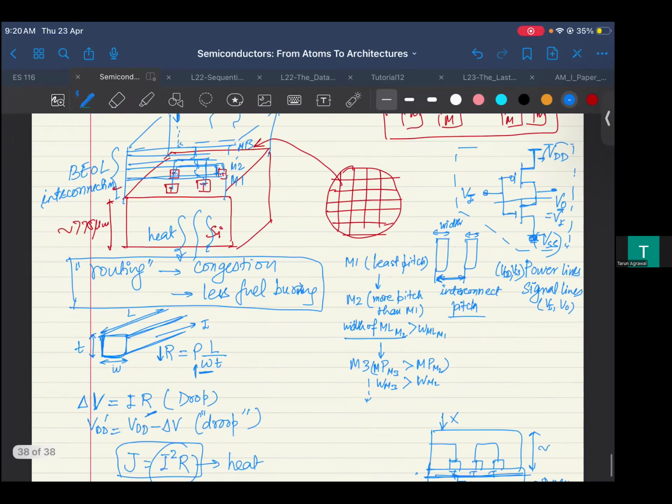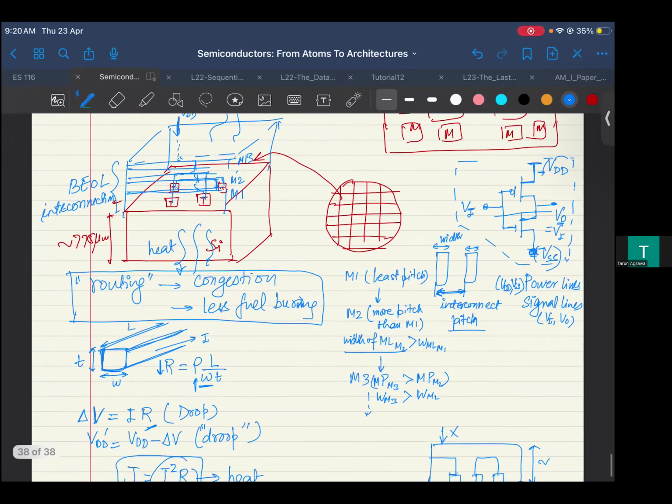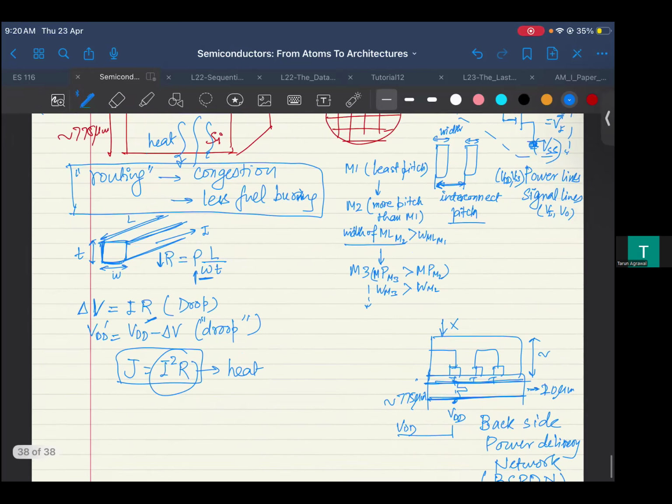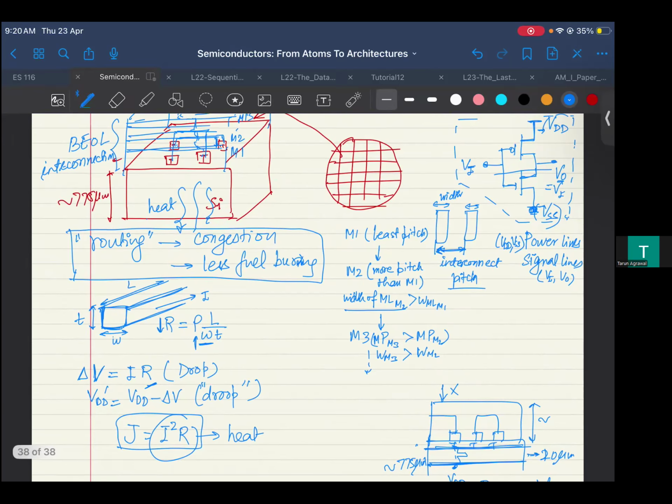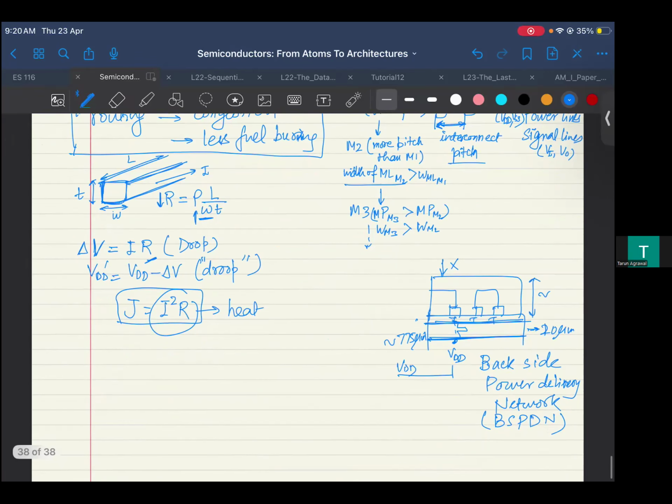But now one of the problems is, when you thin down the silicon, the silicon had a certain thermal conductivity, and the heat was extracted through this region, right? Now because you have thinned down the silicon, and there are a lot of levels of interconnections on the back, which is heavily dominated by metal and dielectric, right?